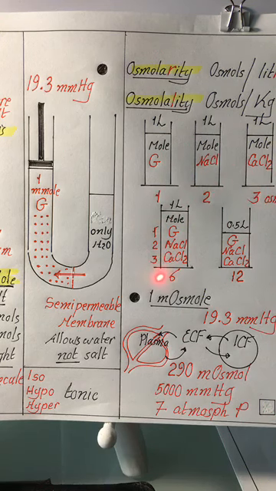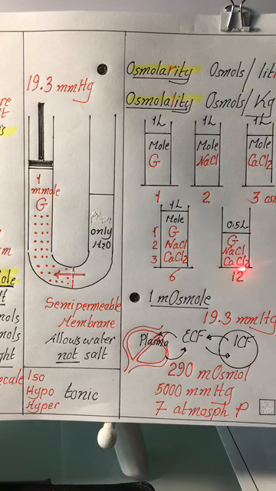So the sum will be 6 osmoles per liter. And you know what? In osmolarity, you don't have to say per liter. When we ask you what is the osmolarity of this solution, you can say 6 osmoles. You don't have to say per liter. We know that the calculation in osmolarity is always per liter.